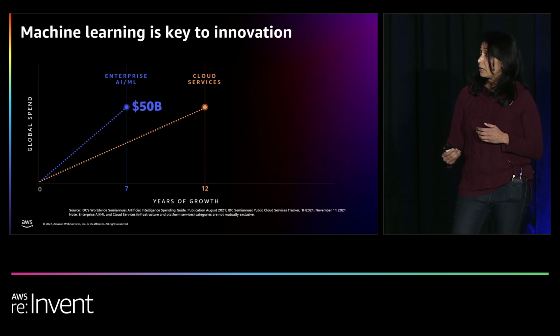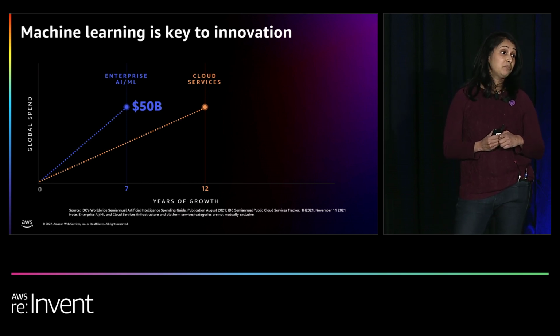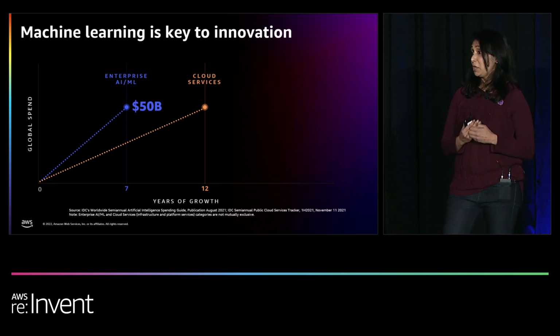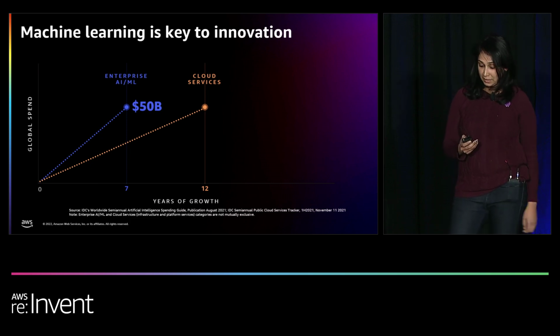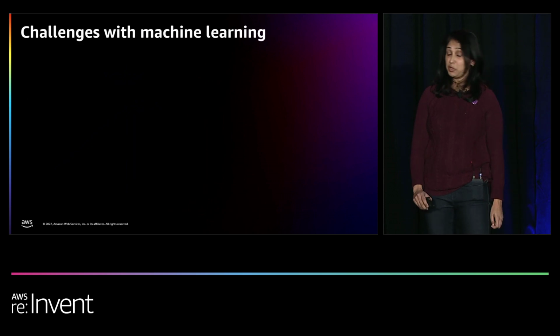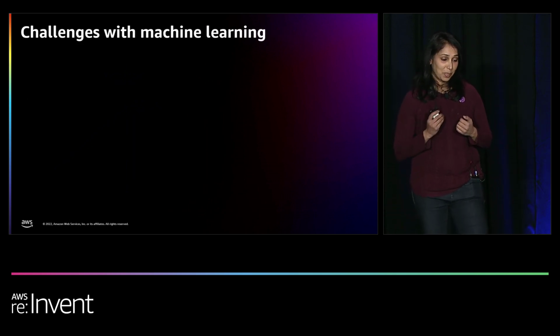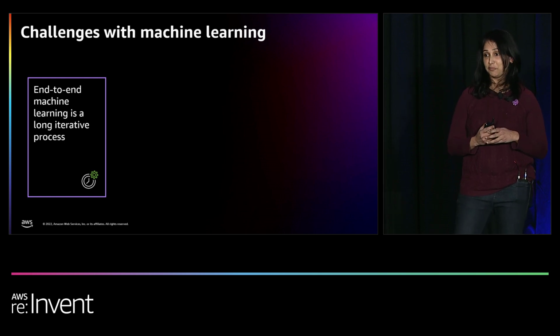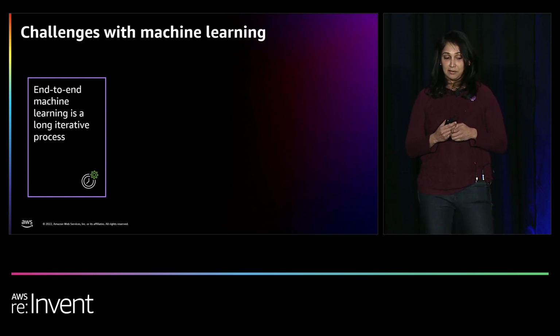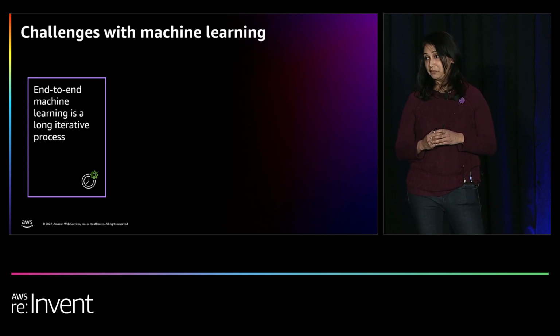And these customers are investing in machine learning because it is driving innovation. However, these same customers who are spending all this money are also telling us that machine learning can be really challenging. So first, compared to traditional software development, which can be more linear, machine learning tends to be a lot more iterative and a really long workflow.